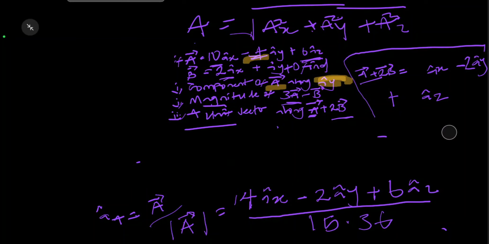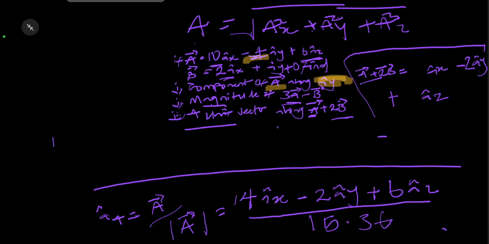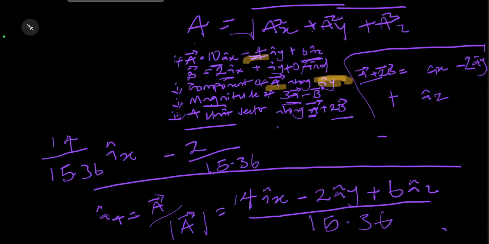So to simplify our work now, we can write this as 14 divided by 15.36 ax minus 2 all over 15.36 ay, I'm just distributing the denominator, plus 6 all over 15.36 az.